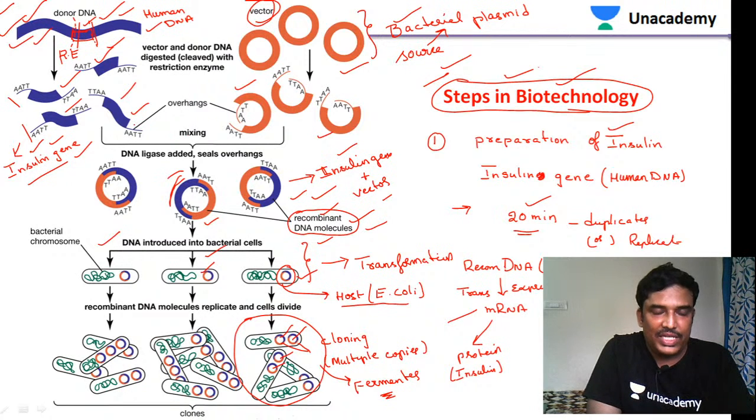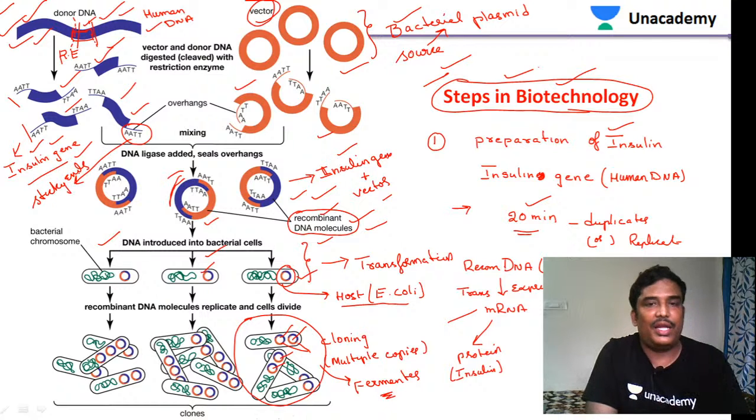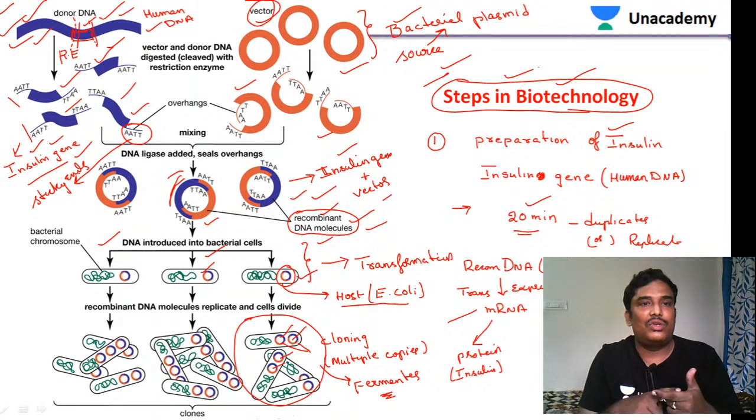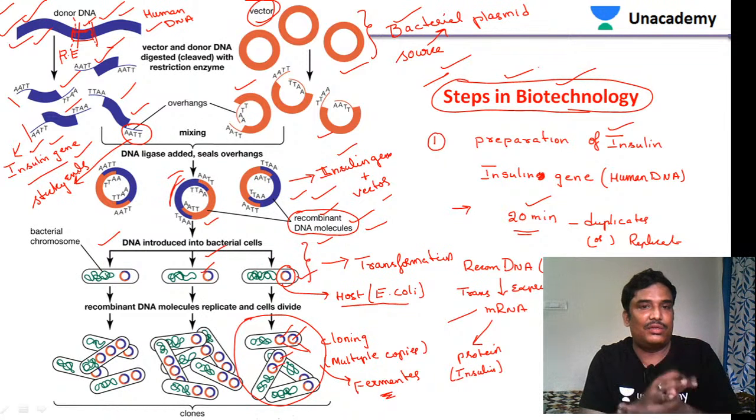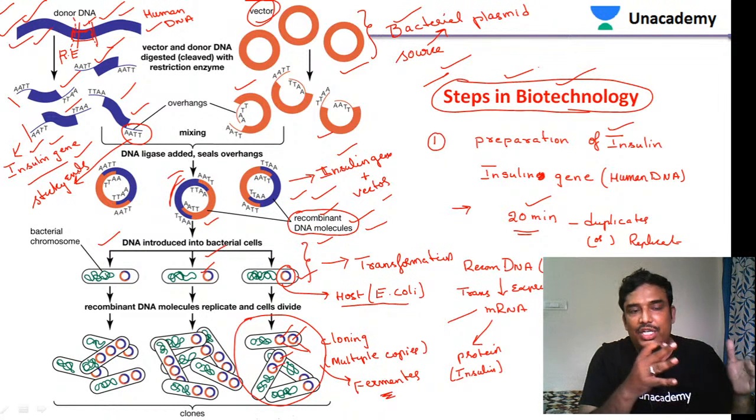When we cut these genes with restriction enzymes, they have overhangings. These are called sticky ends. If sticky ends are not present, the gene cannot easily attach to the vector. So we choose those restriction enzymes which create sticky ends, so that our gene of interest, the insulin gene, can easily insert into the vector.